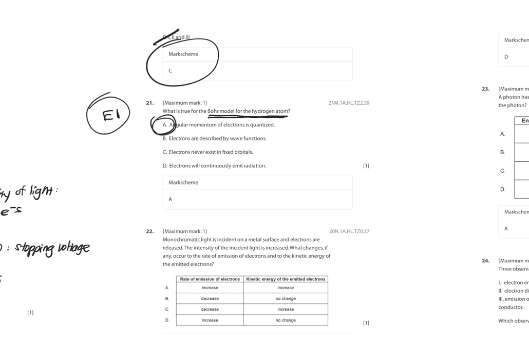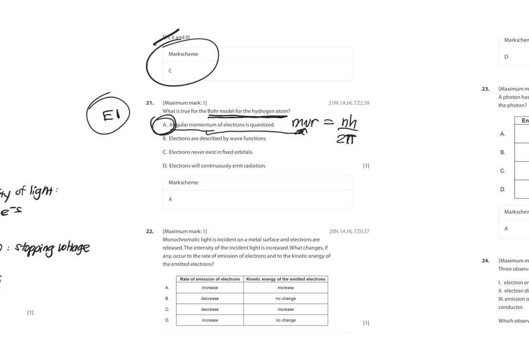It's a formula right in the data booklet. We have mvr, which is the angular momentum, is nh over 2 pi, so quantized in amounts of h over 2 pi. So yes, that is absolutely true.